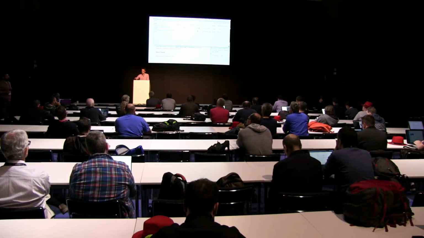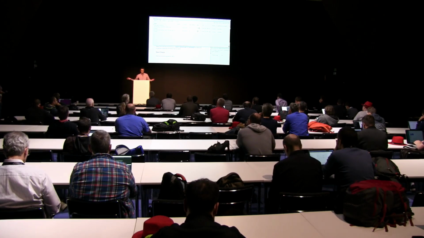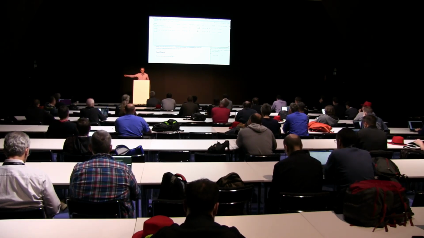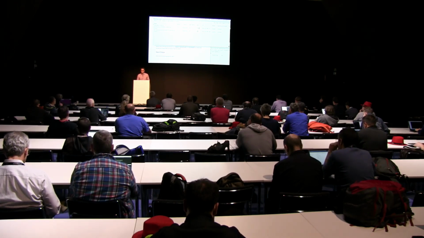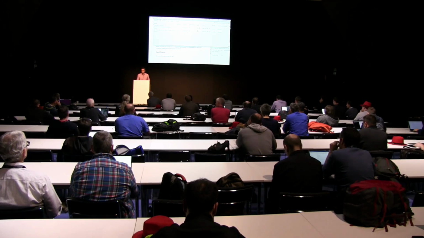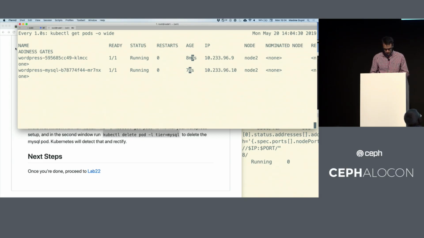So if that pod or container gets scheduled onto some other server because it's more appropriate at that point in time, then it will detach the RBD volume from that first server and then attach it to the other location. So this is really fully automated there, kind of like what you would expect in a cloud provider with block storage services, for instance. So this is really what's happening behind the scenes.